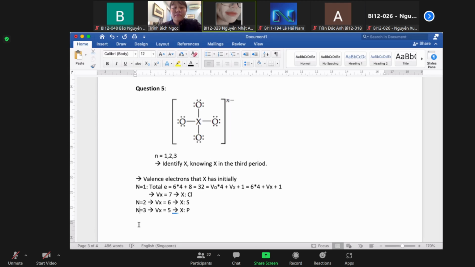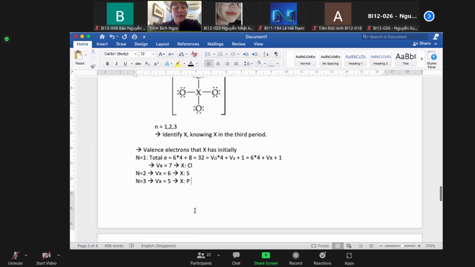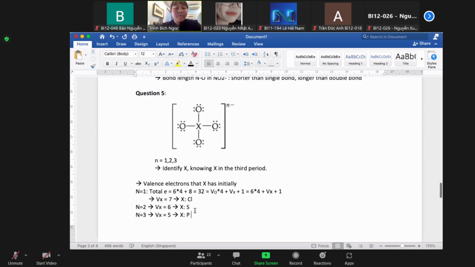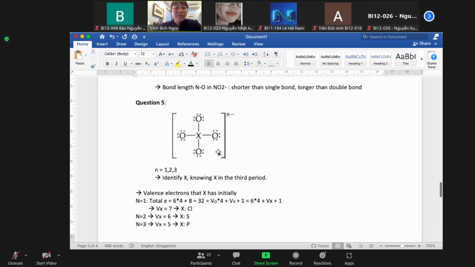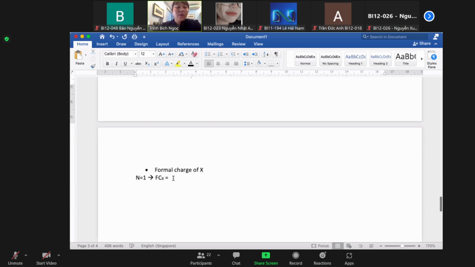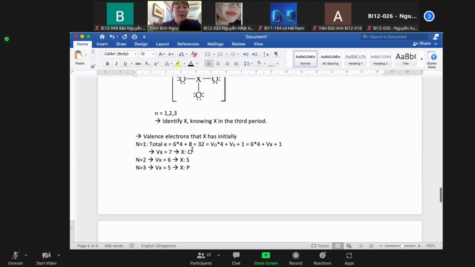Can you calculate the formal charge in each case, please? Just based on this structure, you calculate the formal charge, knowing the valence electron. So for n equal to 1, X will be chlorine, Vx equal to 7.